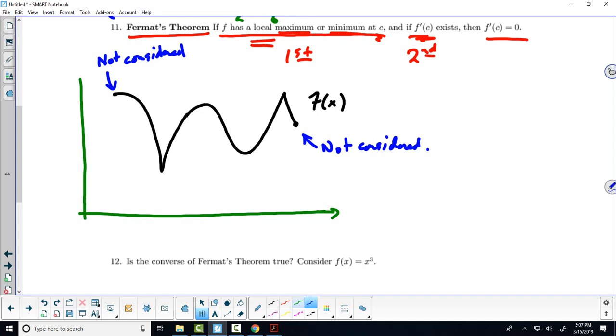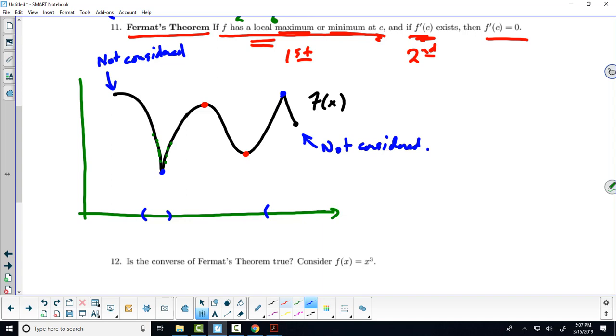So let's look at the first condition. Let's find out where f has local maximums and minimums. Well, f has a local maximum right here, and it has a local minimum right here. It also has a local minimum right here and a local maximum right here. In all of those instances, if I'm going to call it a local max or a local min, I've got to be able to draw a neighborhood around it so that for all y values in that neighborhood, if it's going to be a local minimum, it's got to be the lowest point around.